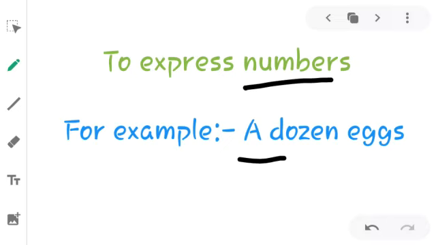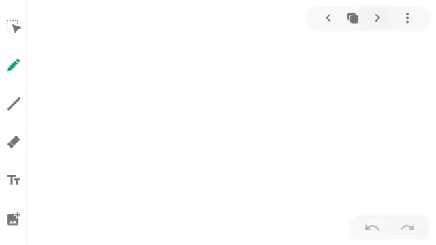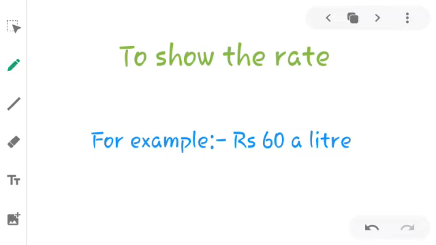A and an are sometimes used as a number before a noun. It also shows the rate of anything, like 60 rupees a liter. A liter means per liter. So again a is used as number 1. Instead of using 1 or per, we are using a before it.